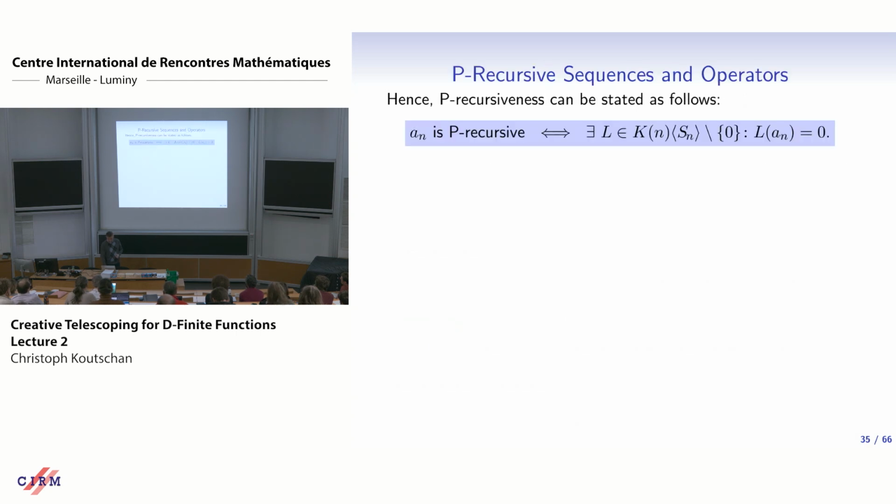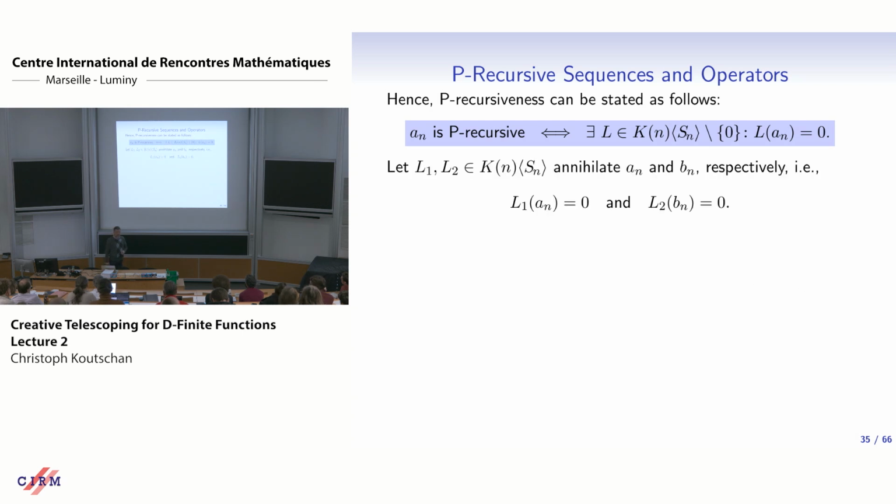Okay. And again, we can make this connection. So we can say a sequence is p-recursive if there exists an operator in this ring of operators that is not 0 and that kills the sequence. And certain closure properties can again be expressed in terms of operators.